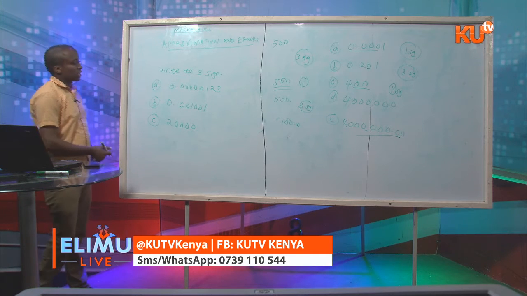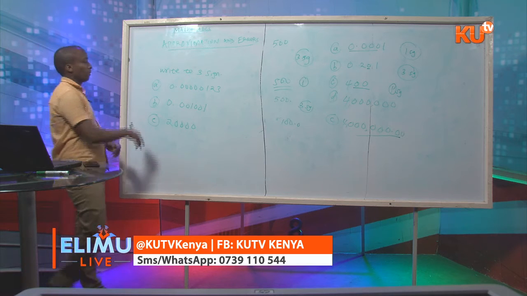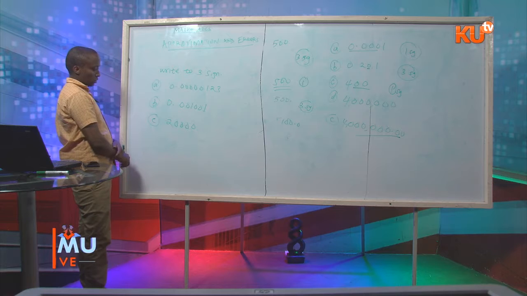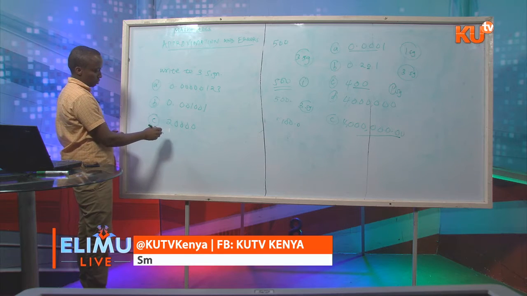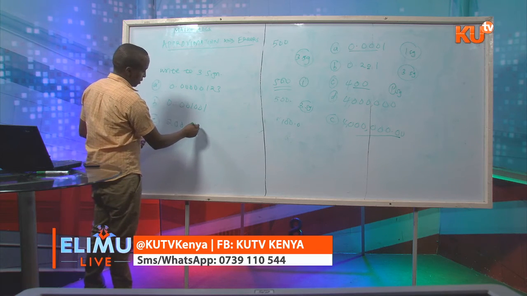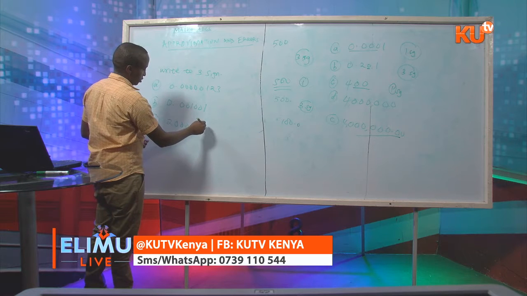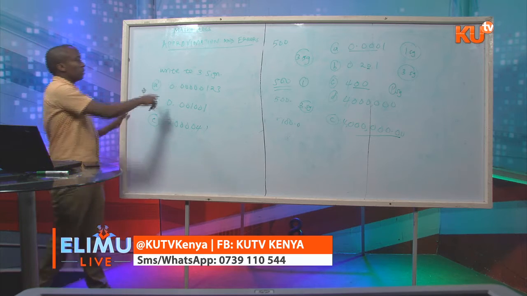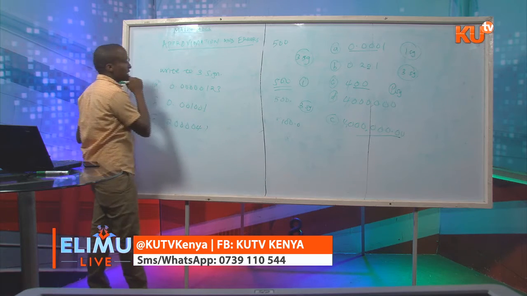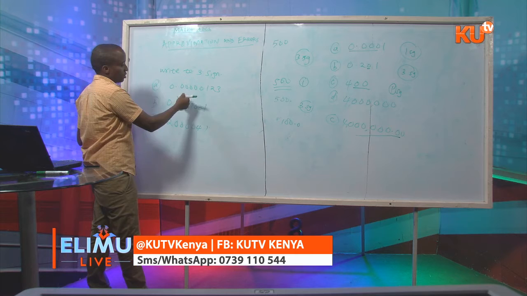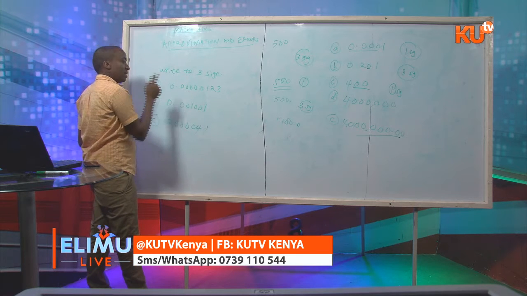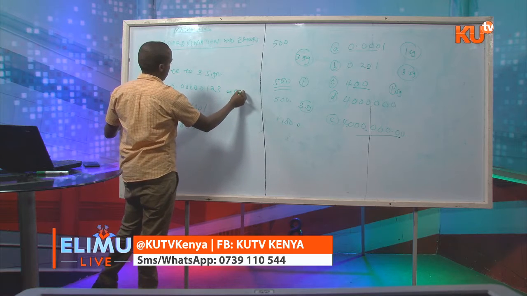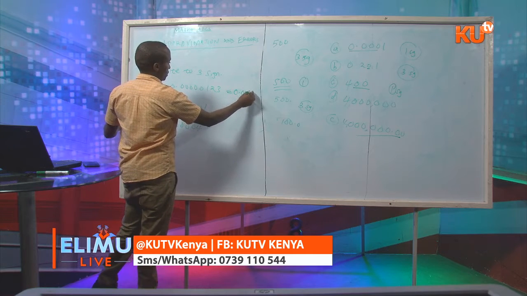Let us do those examples. Maybe here 4.1, like that. So the first one, I want to write in three significant figures. The first example, you have said leading zeros are not significant. So our answer here will be the same.